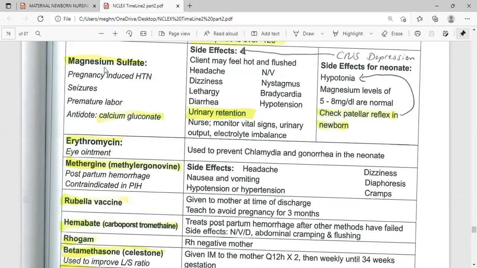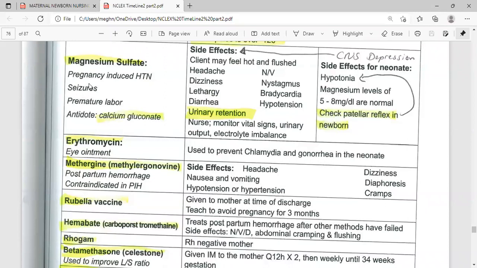Pregnancy-induced hypertension, mother presents with headache, hyperreflexia, visual disturbance, or decreased urine output. So pregnancy-induced hypertension, if you do not treat, it can lead to other complications like eclampsia or preeclampsia.